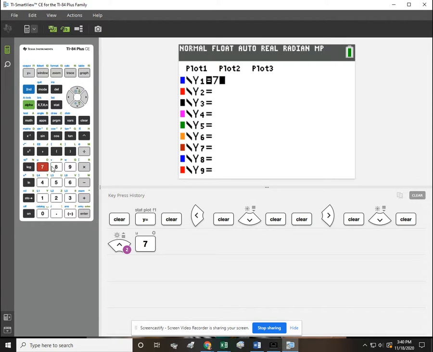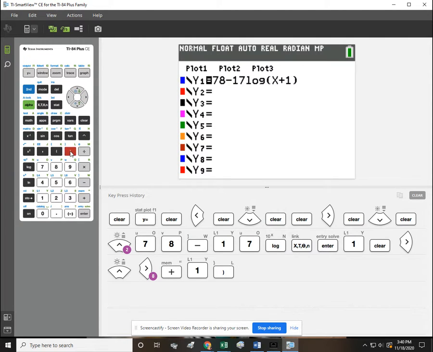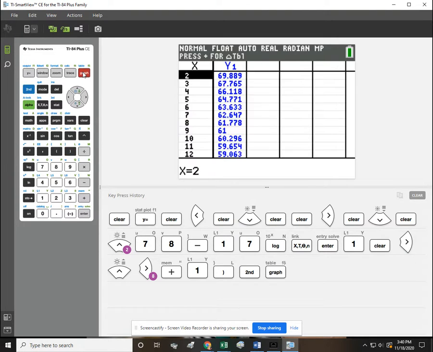So it's going to be 78 minus, and then the log button is right beside the 7. And that's common log, like I said, because it's log without a base. And then in the parentheses, we would put in x plus 1. Okay.